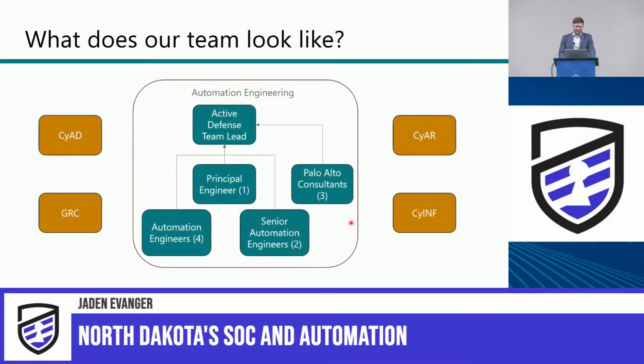So what does the team look like? If you look at these blue boxes here, that's the automation engineering team. We've got a manager here, the team lead, who is actually a lead of 2 other teams, red team and threat intelligence, which are under the cyber active defense team over here.